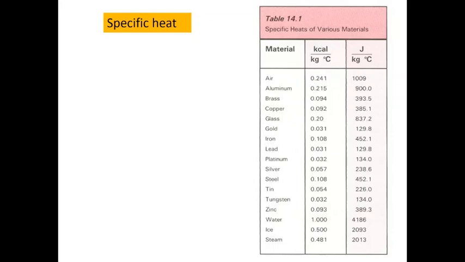You can see the specific heats of most of the materials in this table. They are given in kilocalorie per kilogram per degree Celsius and in joules per kilogram per degree Celsius. If you see from this table, the highest one is water, 4186 joules per kilogram per degree Celsius.